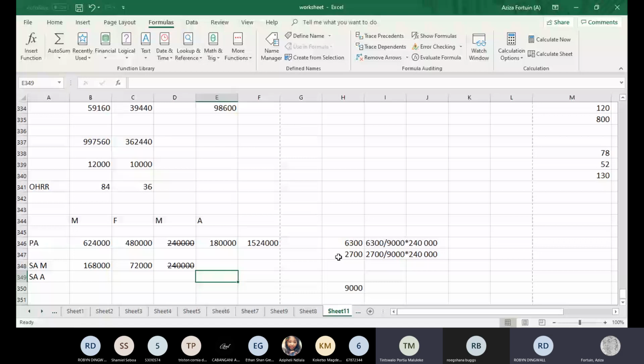Yes. Okay. Now let's do the administration. Let's write off this amount here, the 180.